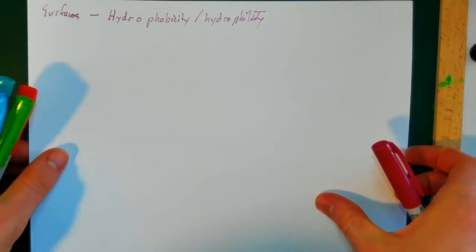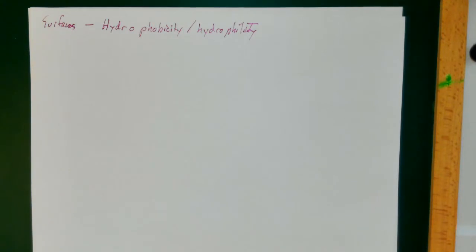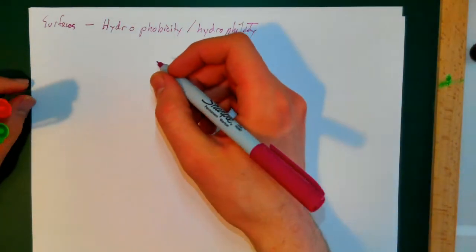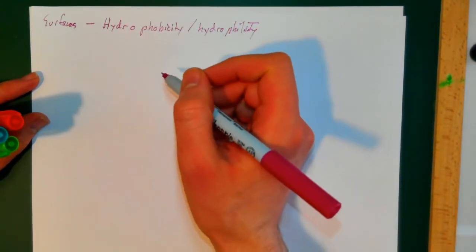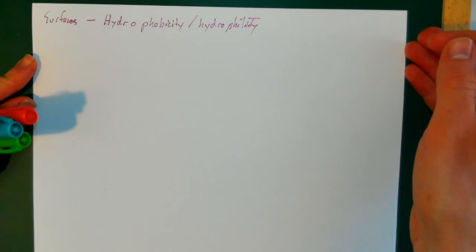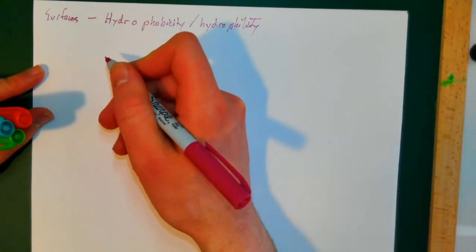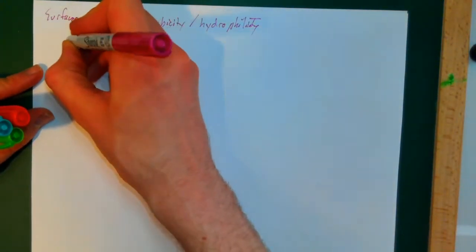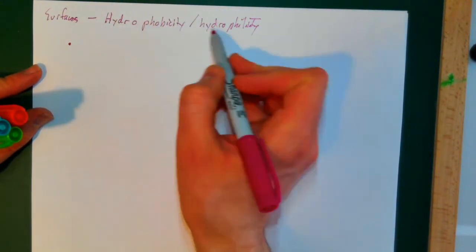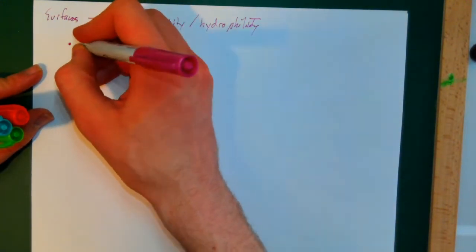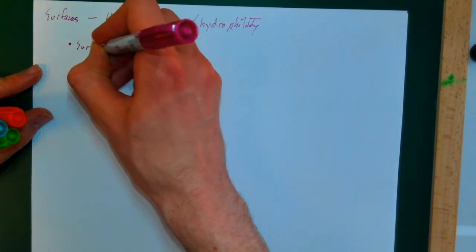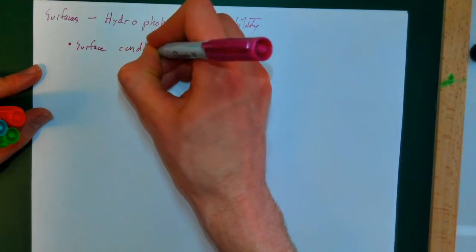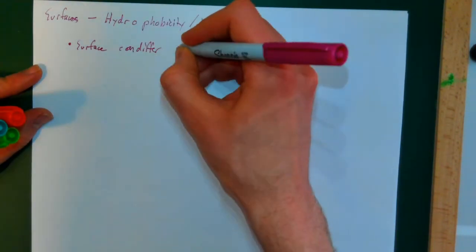Before we dive too deep into how we quantify hydrophobic and hydrophilic surfaces, we'll first talk about these things qualitatively. One important thing we'll need to consider when we're talking about surfaces of materials is how sometimes the surface can differ from the bulk.